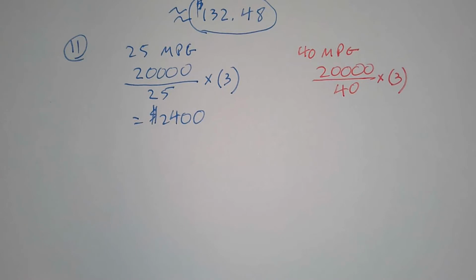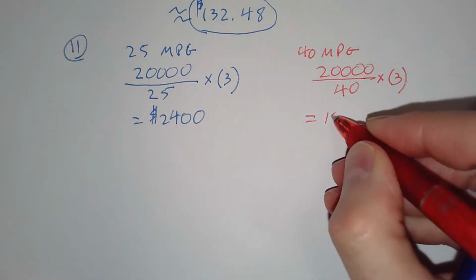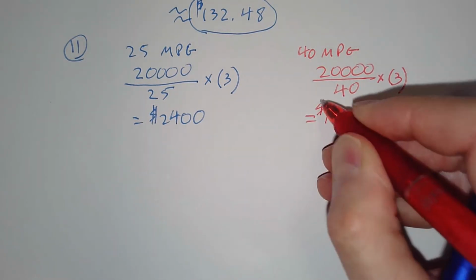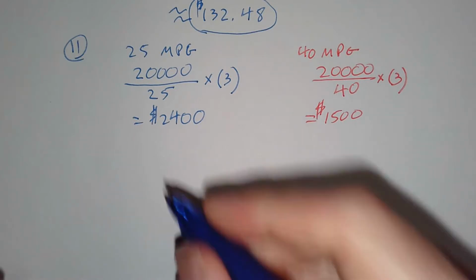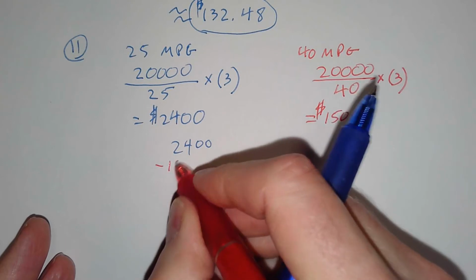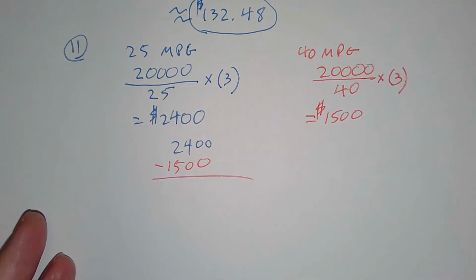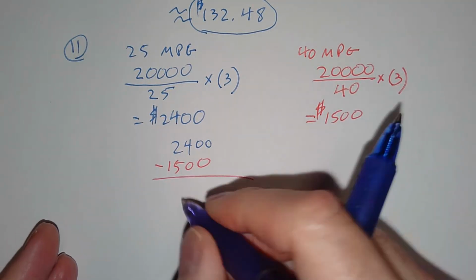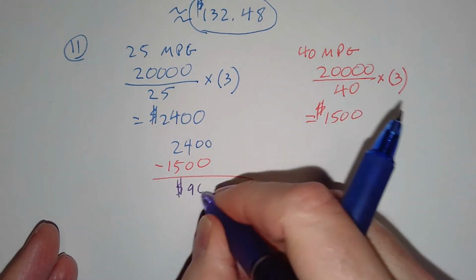So that gives us $1,500. And now we're just going to subtract the two. And that will give us a savings of $900.